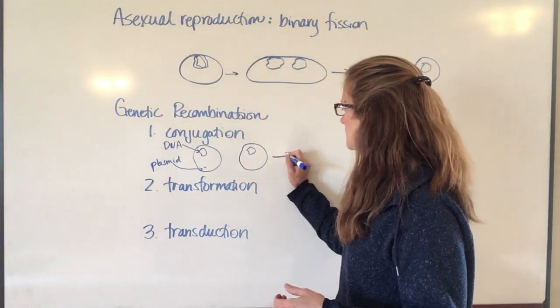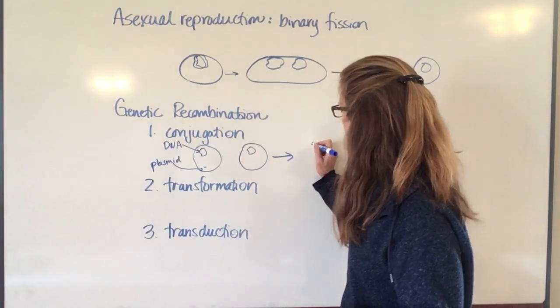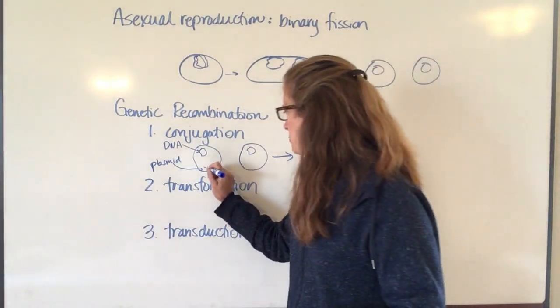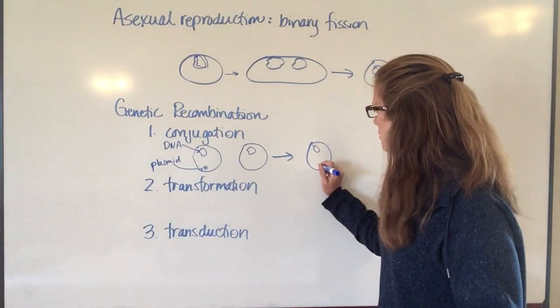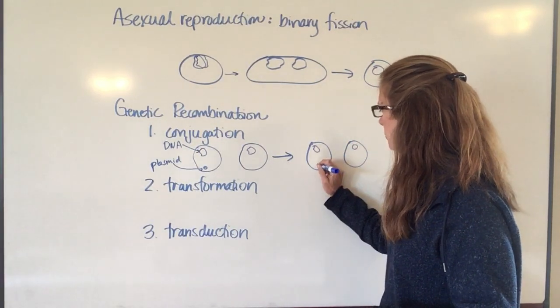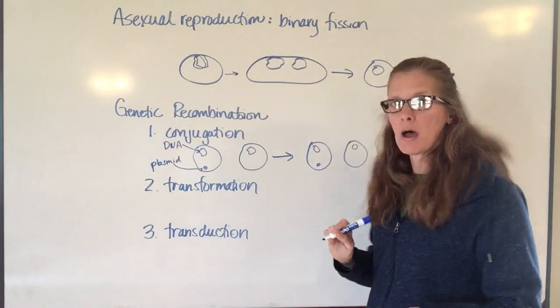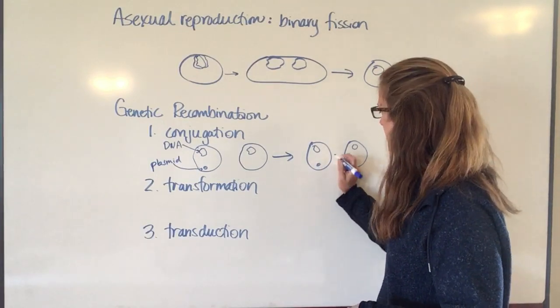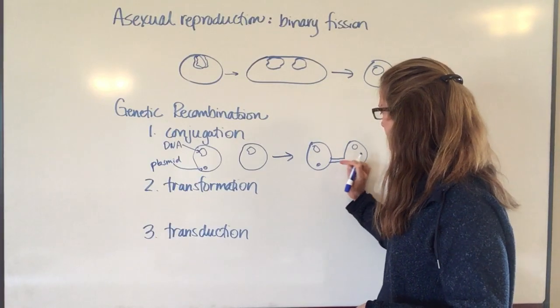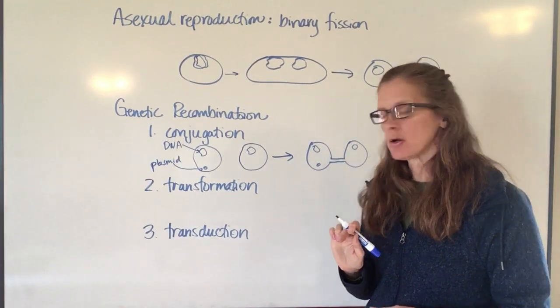So the next step of the process, I think I erased my plasmid over here. So here's my two bacteria. This is the one with the plasmid. It makes a copy of the plasmid, and then it builds this conjugation tube in between the two bacteria.